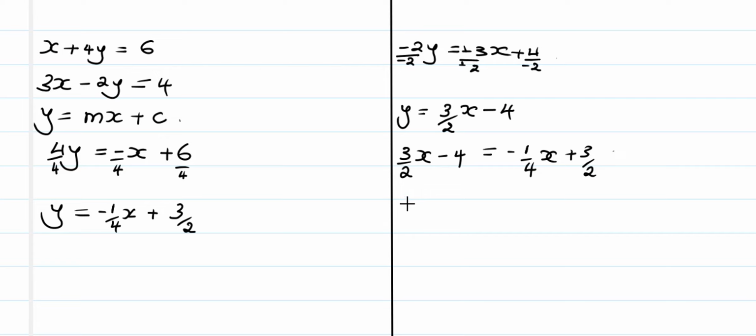So I can say it is 3 over 2x, then I take this to the other side and it becomes plus 1 over 4x, is equal to 3 over 2, then I take this 4 to the other side and it becomes plus 4.